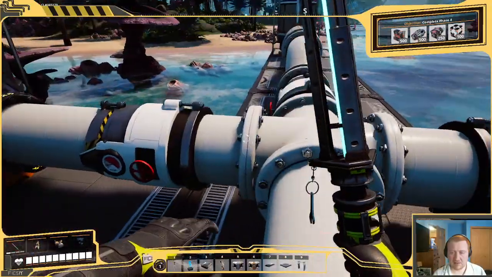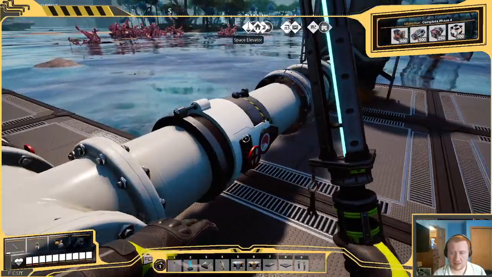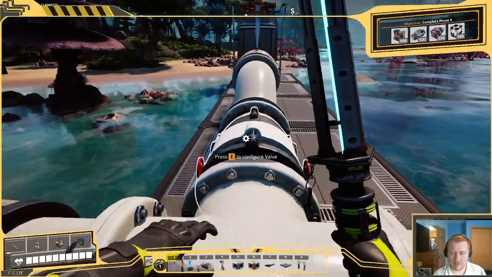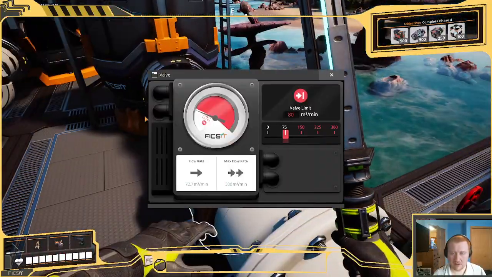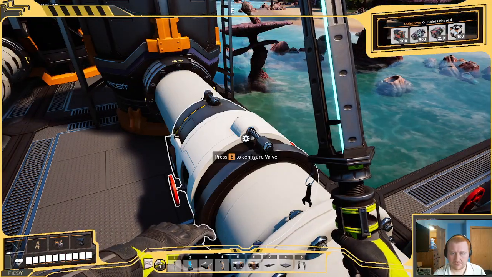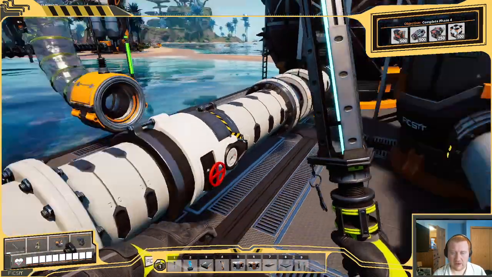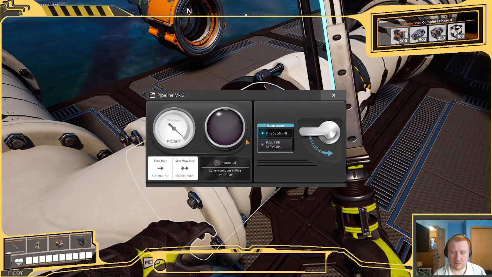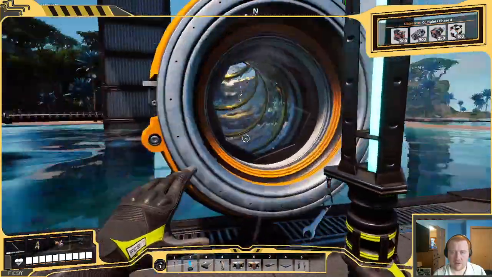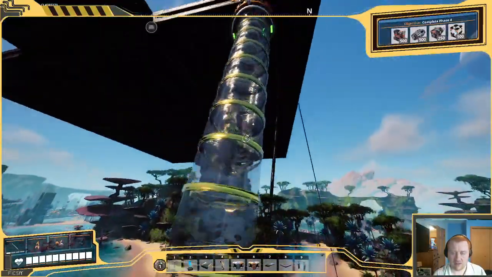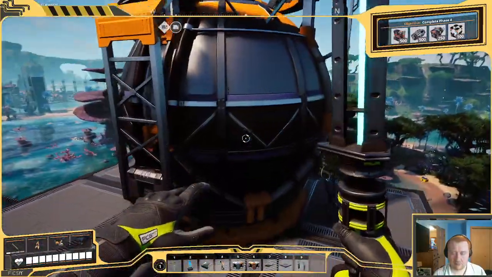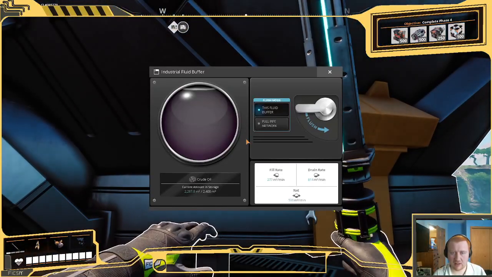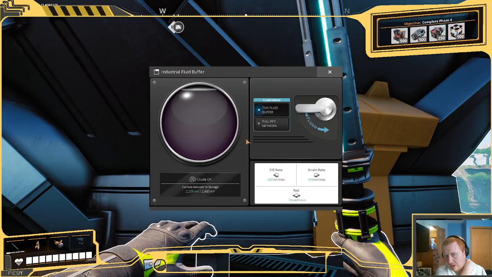So 600 plus 50, 100. Anyway, it's going to be over the 600 meters cubed per minute by quite a bit, and that means that this will start draining quite quickly.